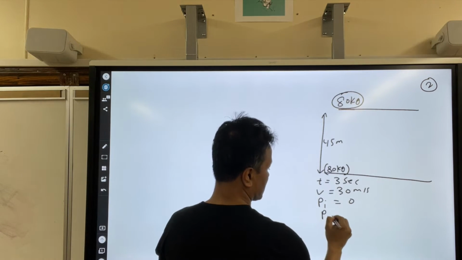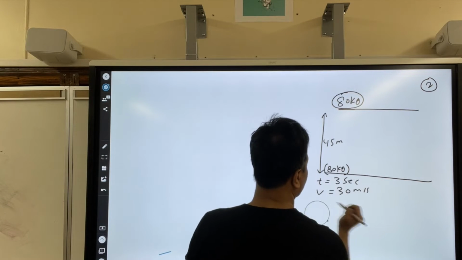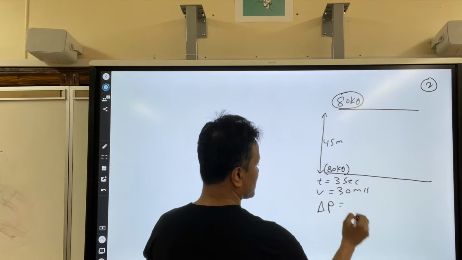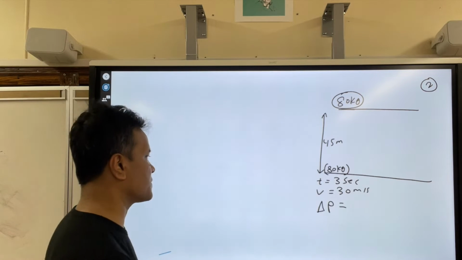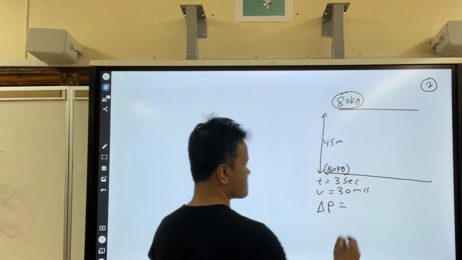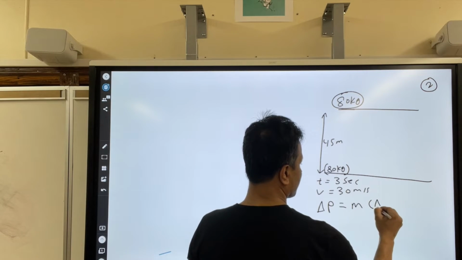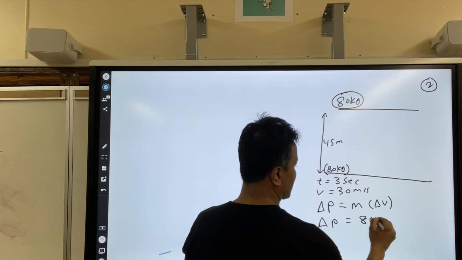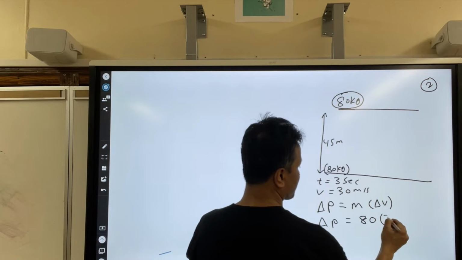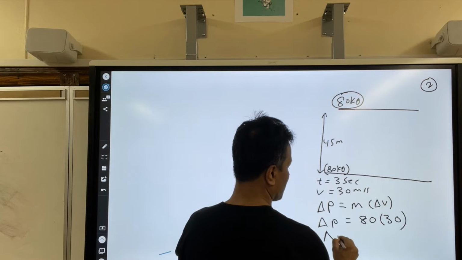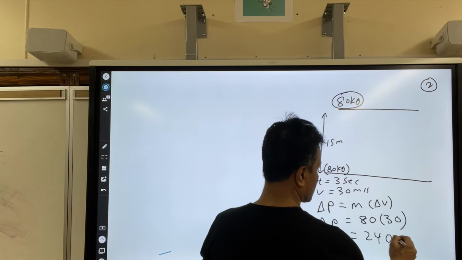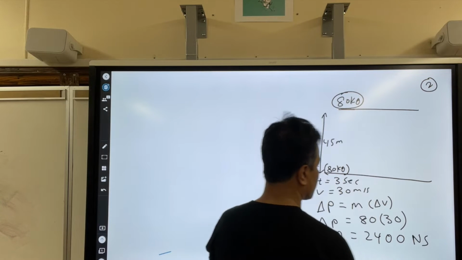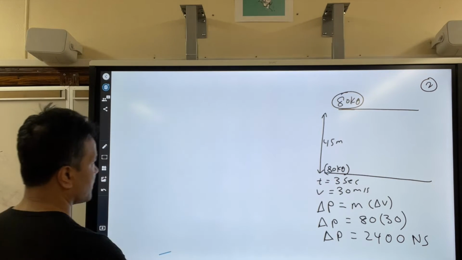Final momentum, okay. So change in momentum is m delta v. M is 80. Delta v is 30. So change in momentum is 2400 Newton second. Good.